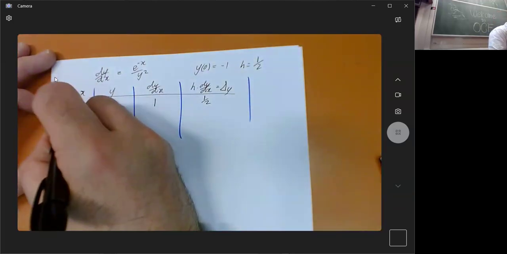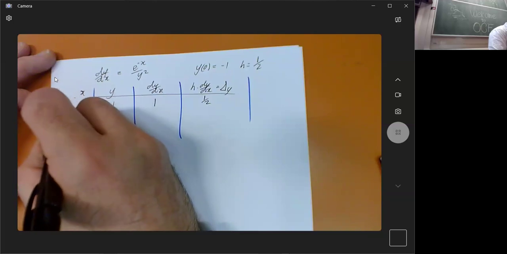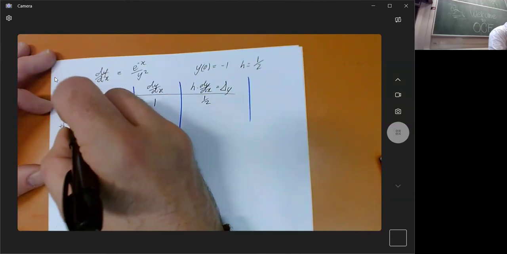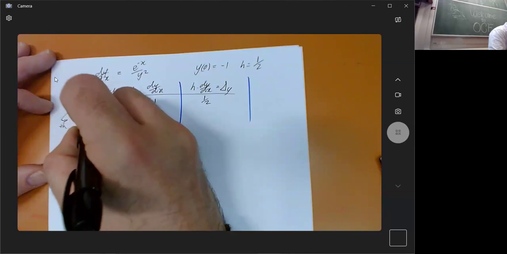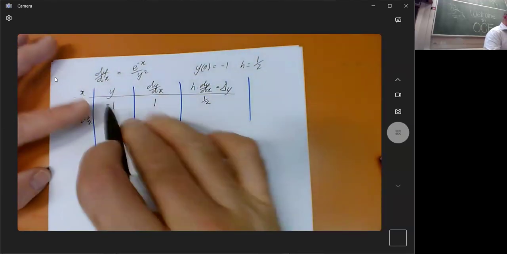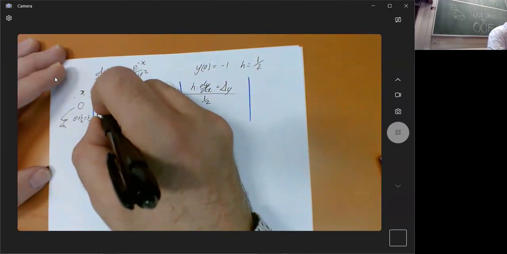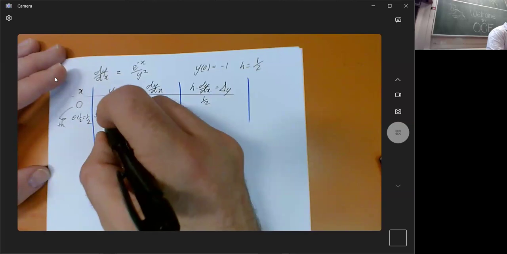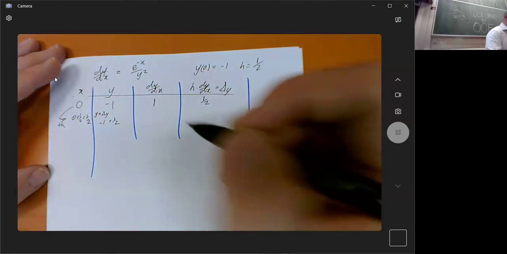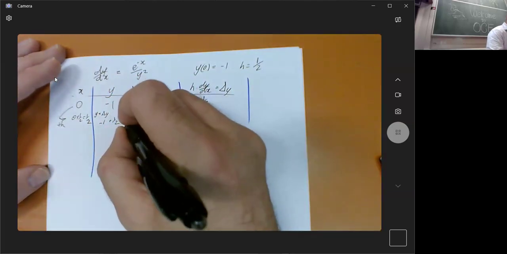What goes here is this number plus h, so 0 plus a half is equal to a half. This is going to be y plus change in y from above, so it's minus 1 plus a half, and that's equal to minus a half.